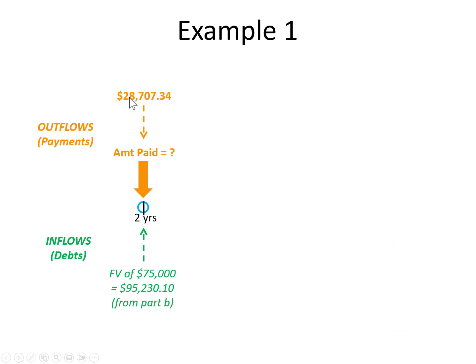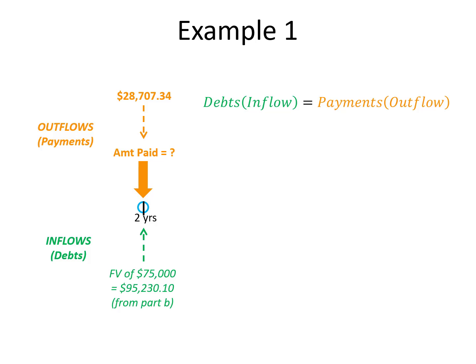Now I'm going to blow that up on our next slide right here, so I can see my outflows would be the $28,707.34. That's a future value of the $24,000 plus the amount paid on 2 years. Then we have the inflows, the debts of the future value of $75,000, $95,230.10.